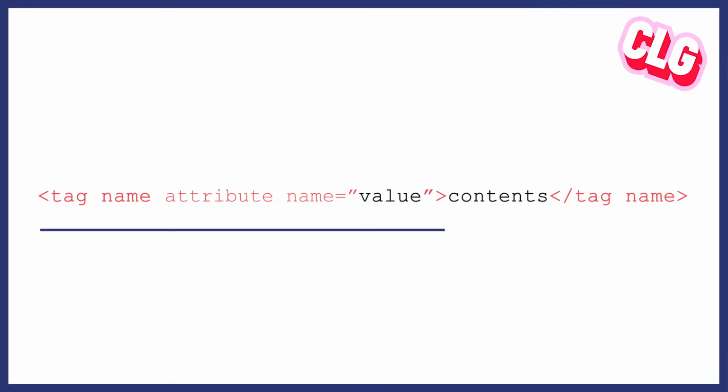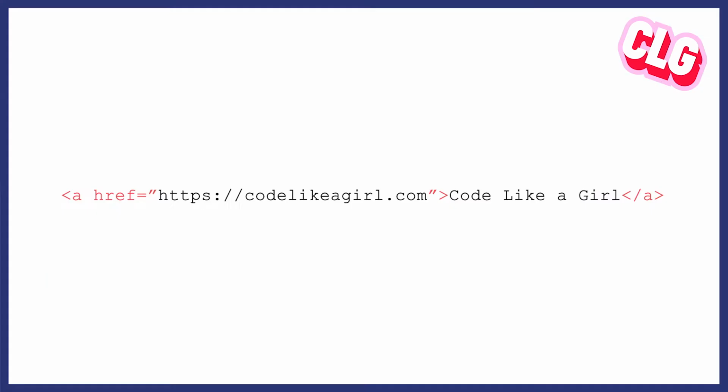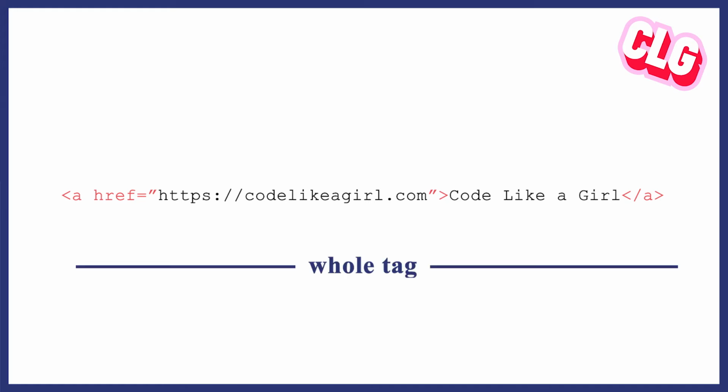So let's talk quickly about the anatomy of an HTML tag. A tag has an opening tag, 1 or more attributes and corresponding values. It typically has some content and then a closing tag, although some tags are self-closing. So in the example of an A tag, which is an anchor or a link tag, the tag is the whole thing, which includes the opening and the closing tag.